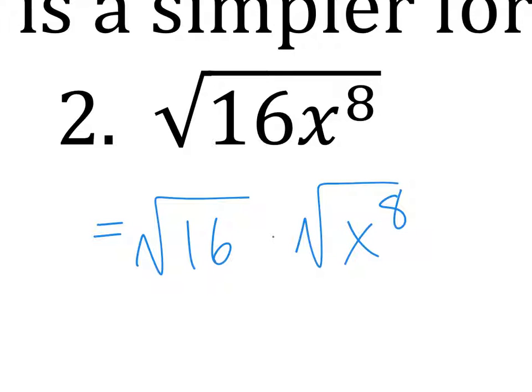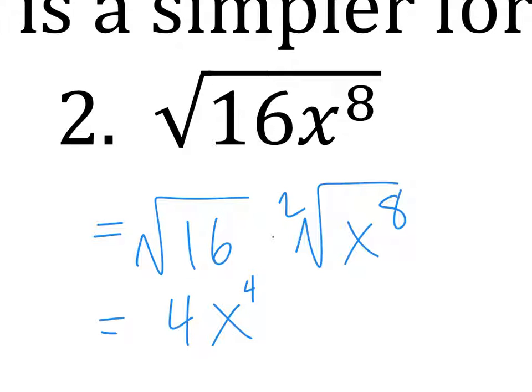Square root of 16 is 4. Square root of x to the 8th: x to the 4th. If you cannot see that it's x to the 4th, basically it's asking which one doubled is going to give you x to the 8th, because this is an index of 2, right? So that's going to be 4 doubled.